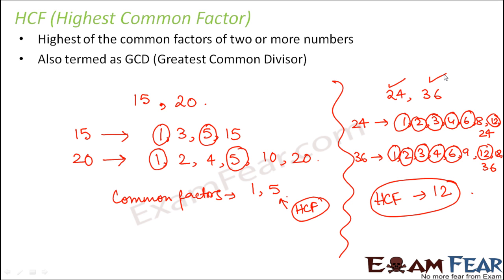So in this scenario, do you think that HCF can help you? If you say that a weight of 12 kgs might help you, that's absolutely correct, because if you have a 12 kg weight, just two 12 kgs would make it 24. Again, three 12 kgs would make it 36. Why is that possible? That's because 12 divides both 24 and 36 exactly.